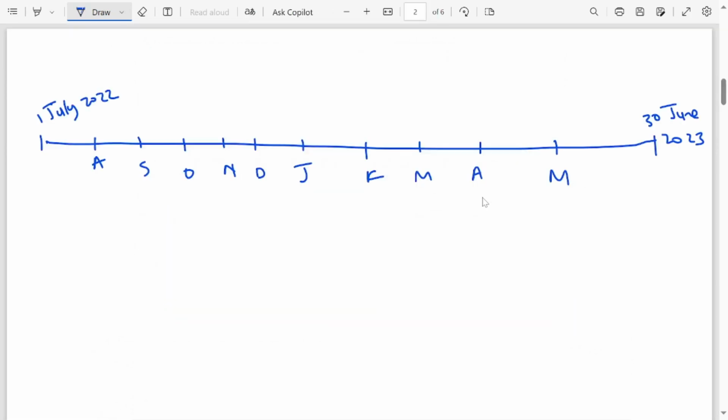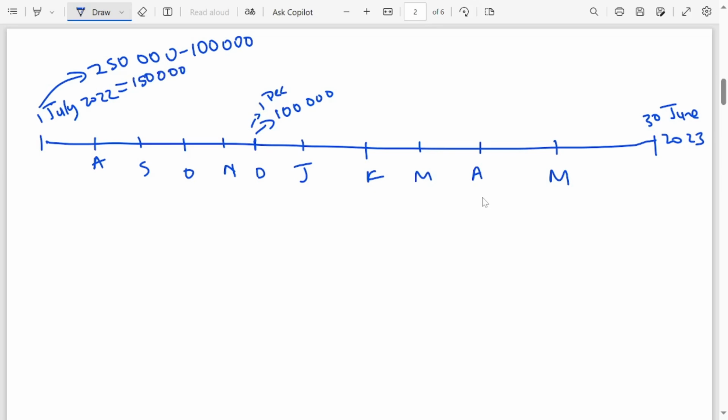Now, we want to know that at the beginning of the year, on 1 July 2022, before the capital increased by 100,000 on 1 December, how much was the capital of Rico's before it increased by 100,000. So we must subtract the 100,000 from 250 so that we can know how much was the capital at the beginning of the year before it increased.